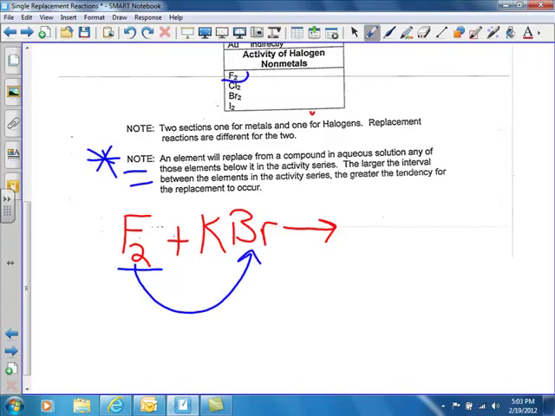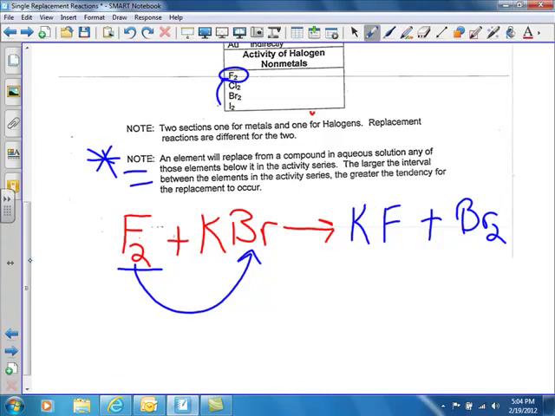And because F2 can kick out anything, this reaction will work, and this will become FBr plus K. No, it won't. What am I thinking? It will not become that. The F is going to kick out the Br, so it's going to become KF plus Br. And that Br is diatomic, so that has to be Br2.